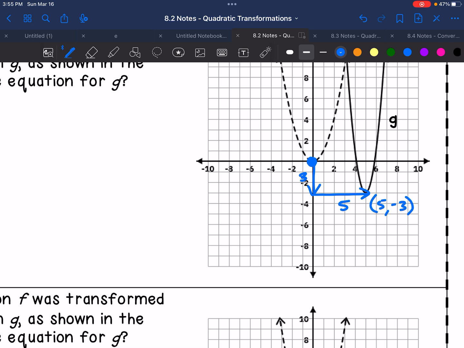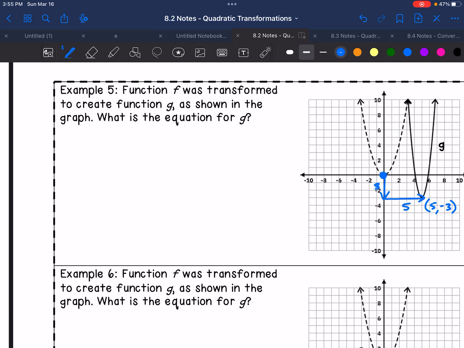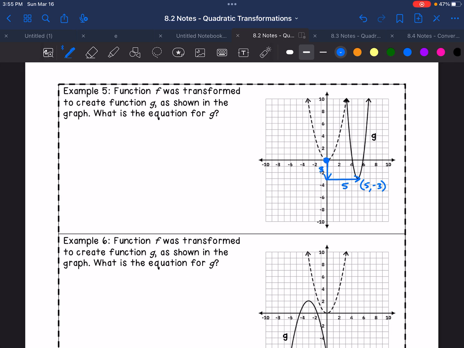All right, so my new function for g is going to need to show those translations. So remember, a horizontal translation happens inside the parentheses. So since I moved to the right by 5, I've got to say x minus 5.